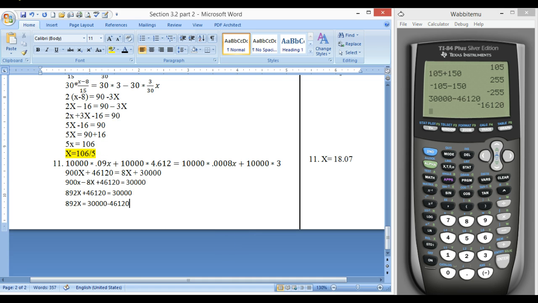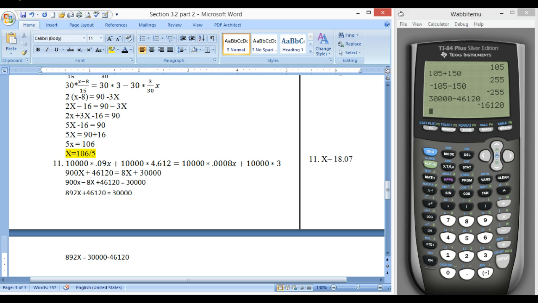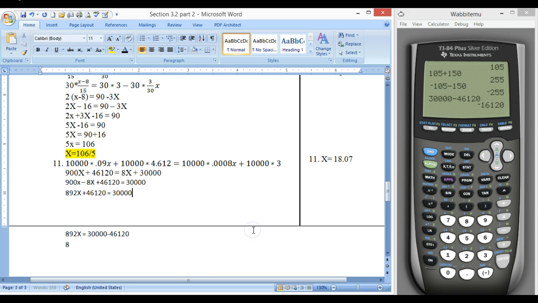So I have 892x equals negative 16,120. And then divide that to isolate the x.